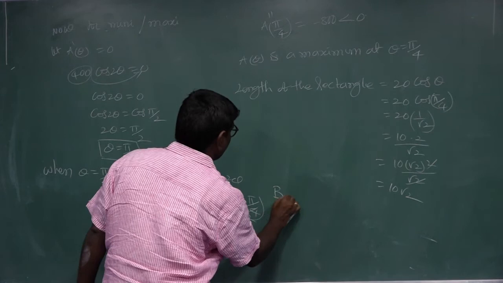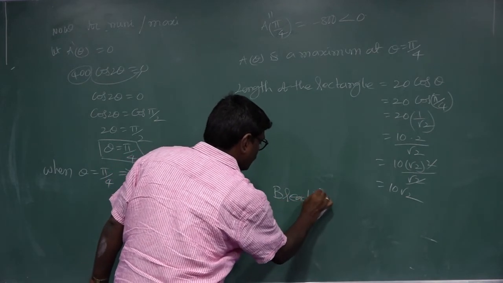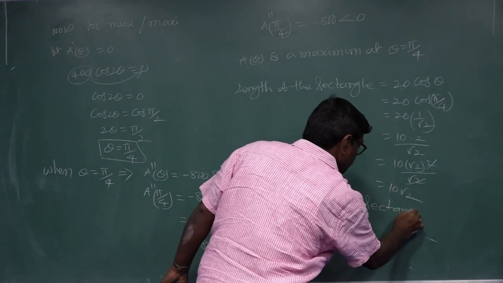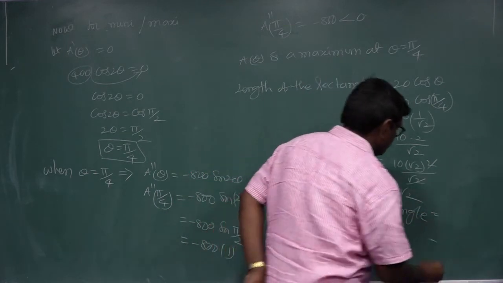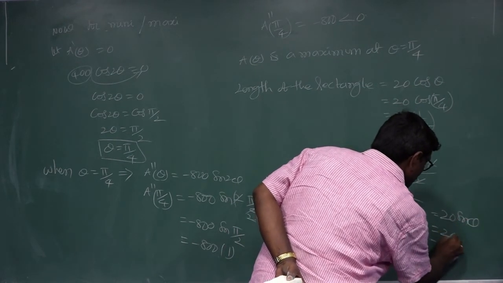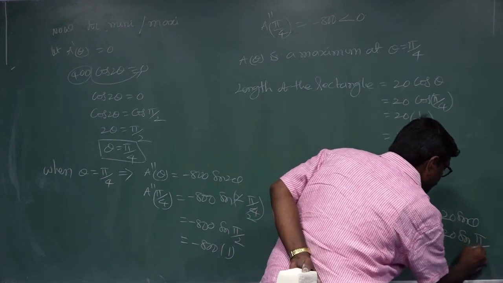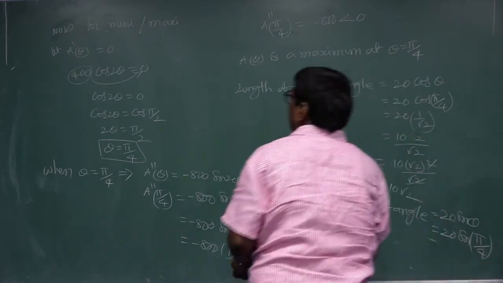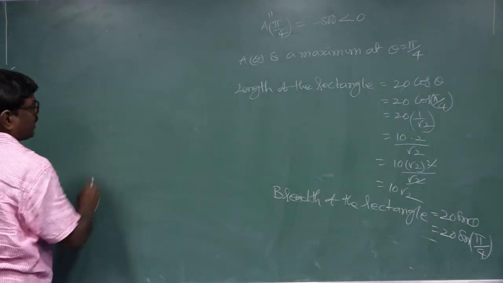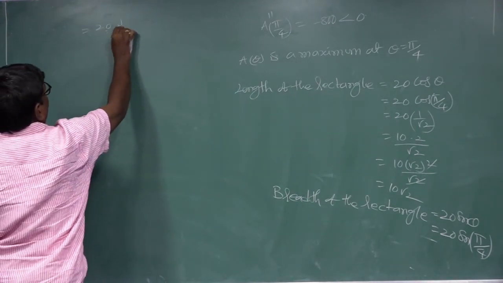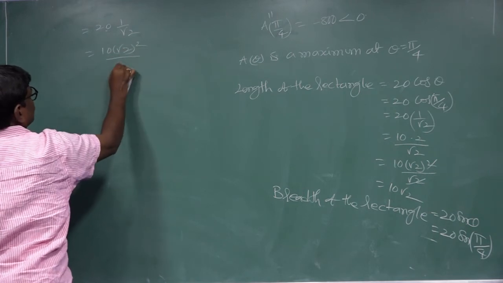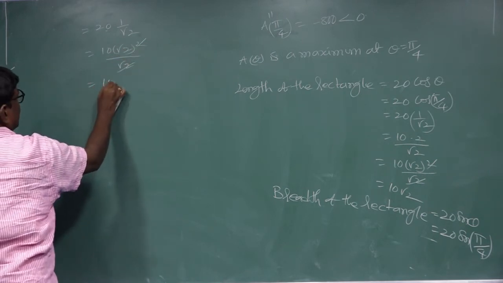Breadth of the rectangle equal to 20 sin theta, equal to 20 into sin of pi by 4, equal to 20 into 1 by root 2, equal to 10 into root 2 whole square by root 2, equal to 10 root 2.